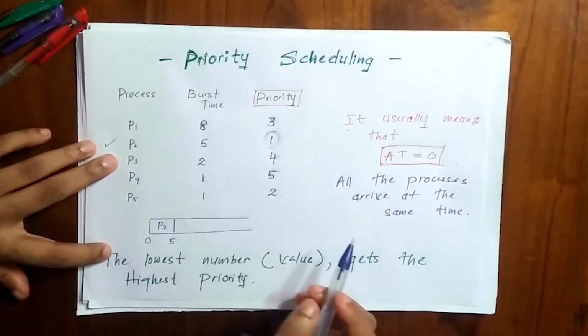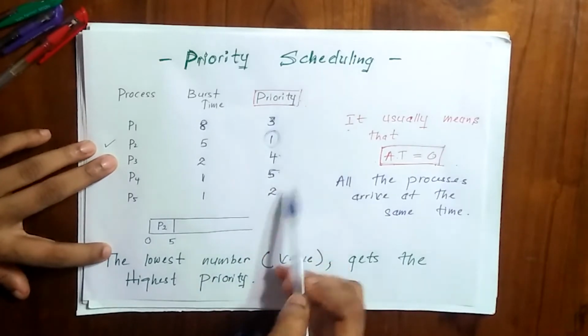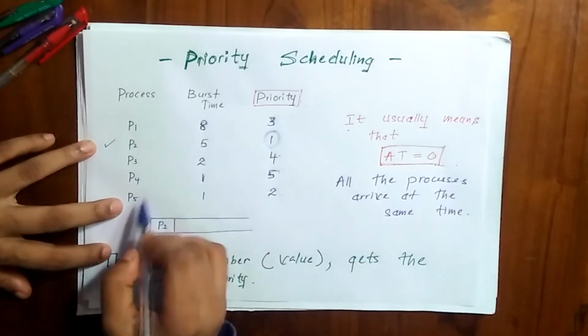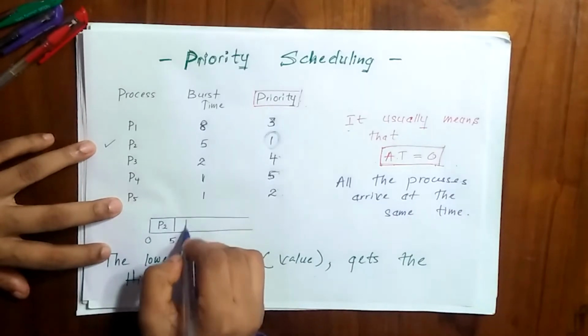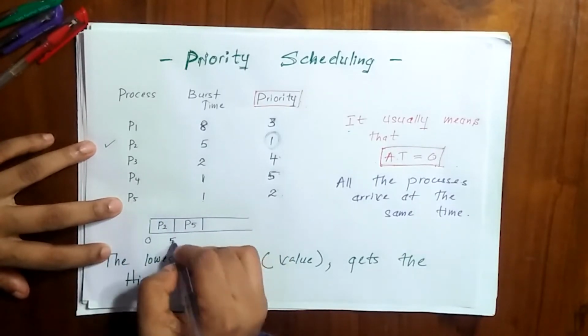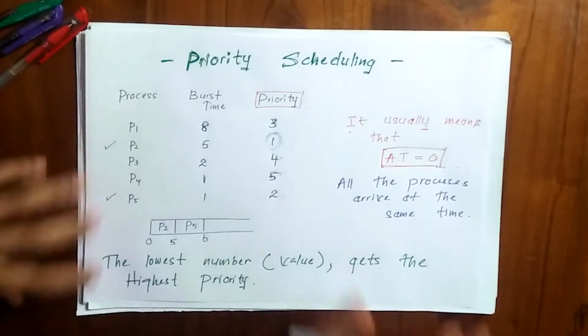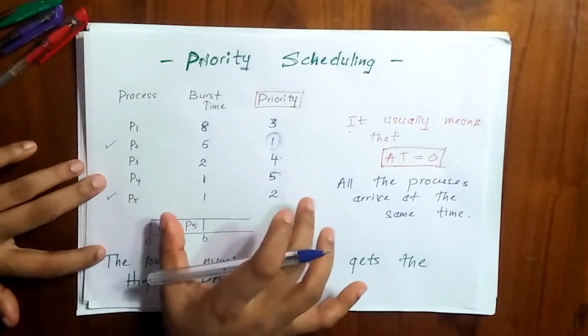And next, from 3, 4, 5 and 2, from these 4 it is P5, right? P5, and its burst time is 1. So 5 plus 1, it is 6. We are done with P5 as well.